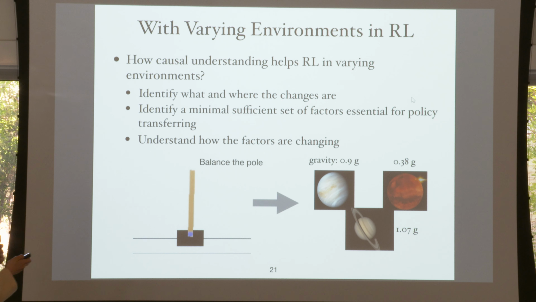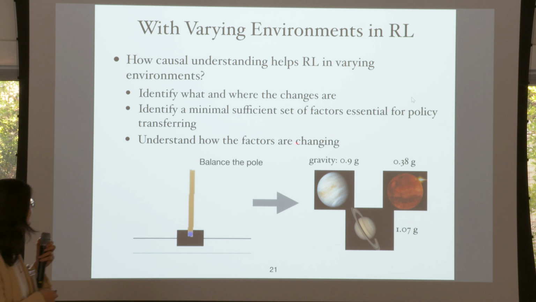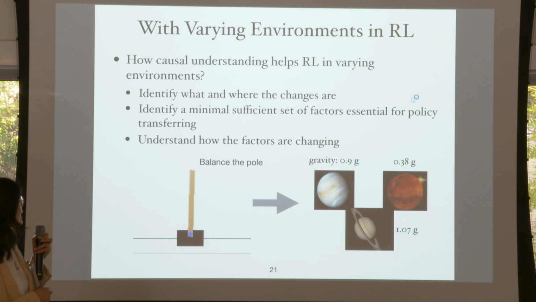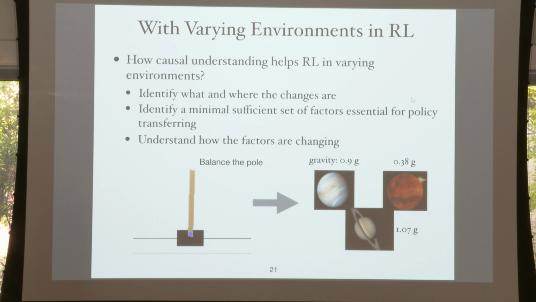One is that causal understanding can help us identify what and where the changes are. Furthermore, it can help us identify a minimal sufficient set of factors that are essential for policy transferring. And it can help us understand how the factors are changing.